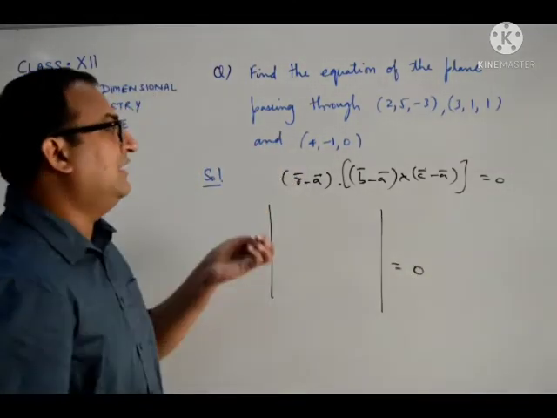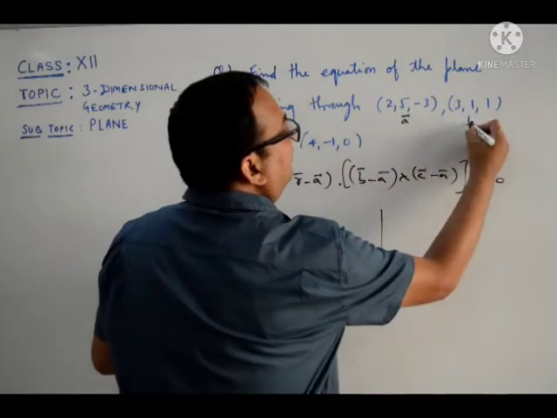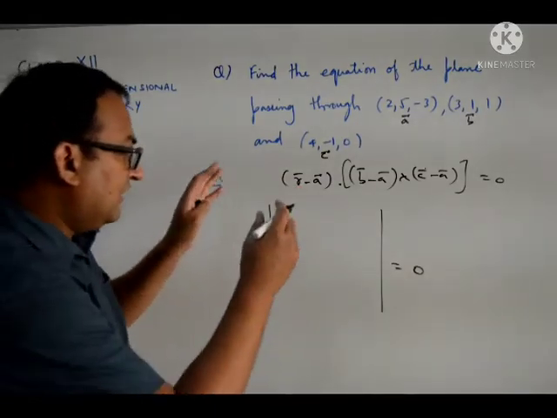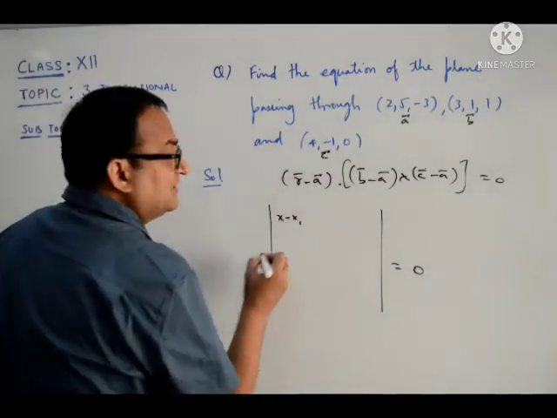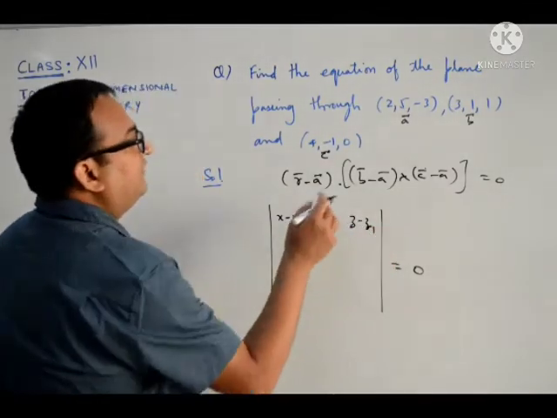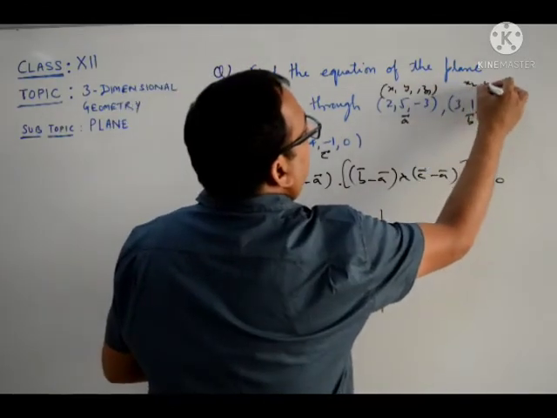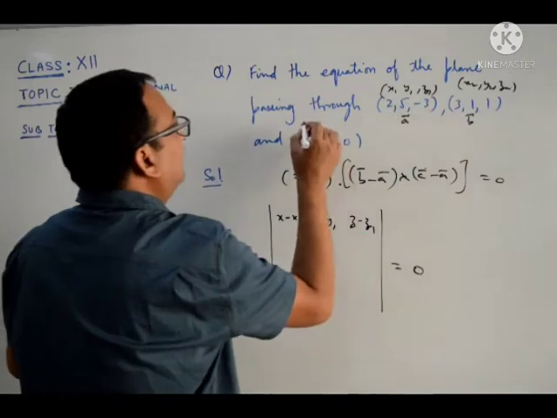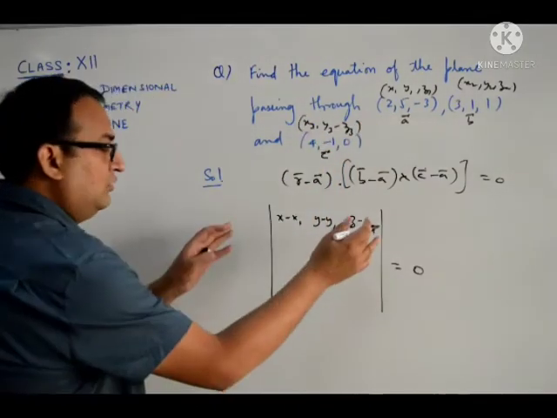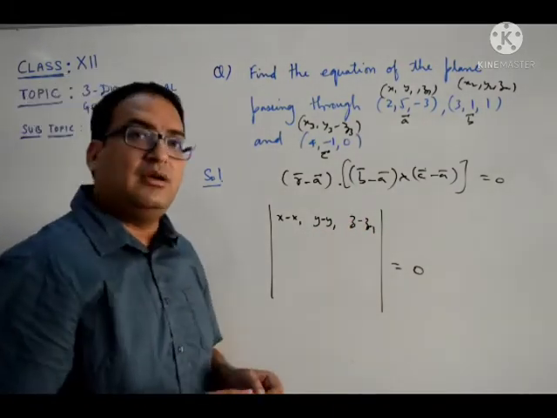Either you go by the vector method, where these three will be the components of the a vector, b vector and similarly the c vector, or in Cartesian form we have this determinant: x minus x1, y minus y1, z minus z1, where x1, y1, z1 is the first point, x2, y2, z2 the second, and the third point x3, y3, z3. You can simply put the values and get the required equation of plane.